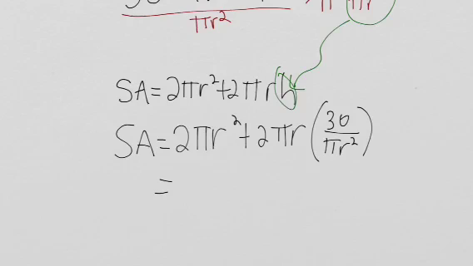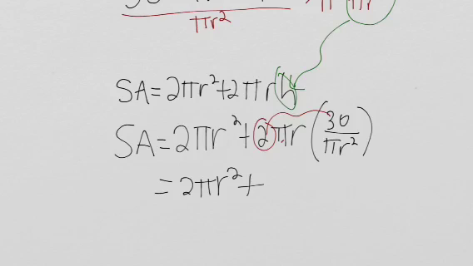So to simplify, we're going to get 2 pi r squared plus 2 pi, okay, so really quick, 2 times 30 is going to give us 60. And then we have a pi r on top, because the 2 pi r is going to go in the numerator. So we can cancel the pi r: we cancel the pi, and cancel one of the r's.